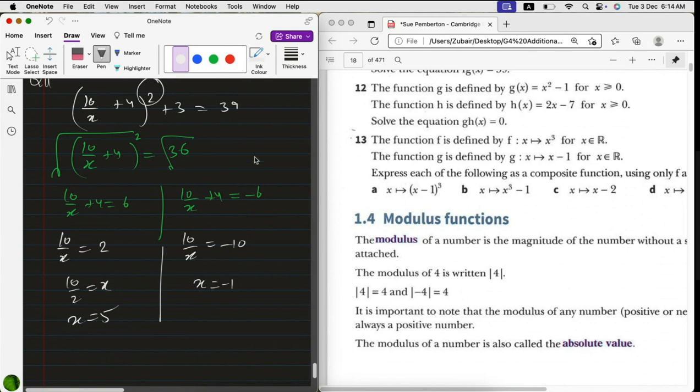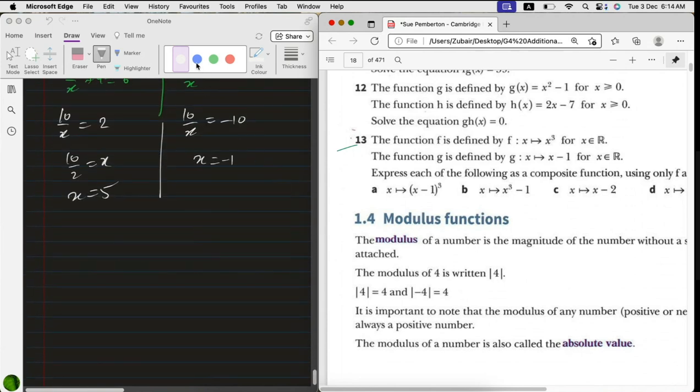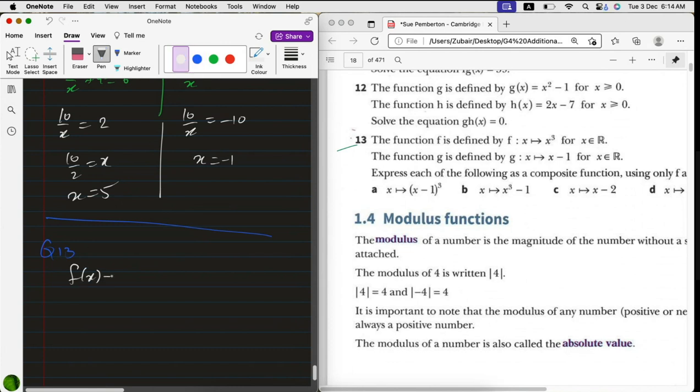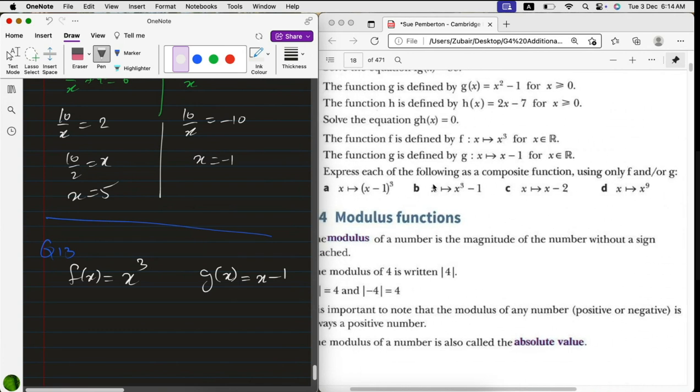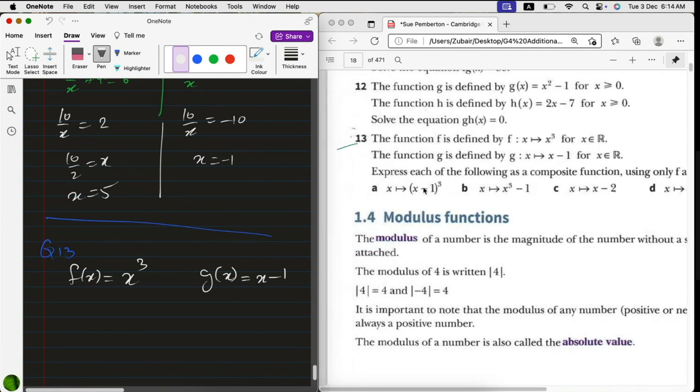The function f of x is defined as f of x is equal to x cube, g of x is equal to x minus 1. Express each of the following as a composite function using only f, only g, or both.